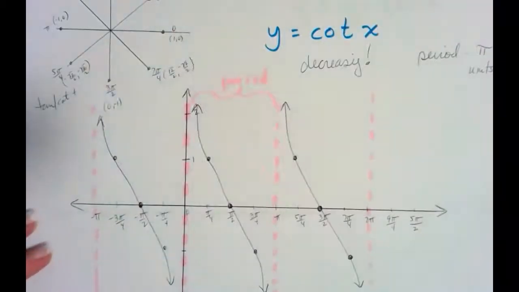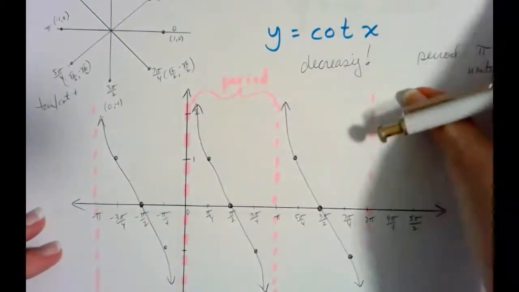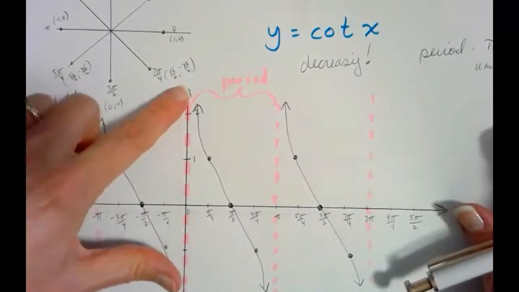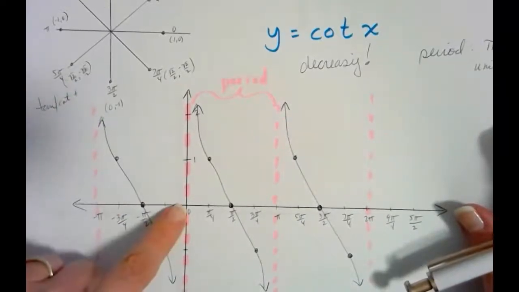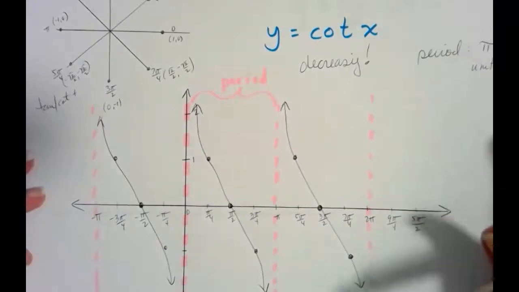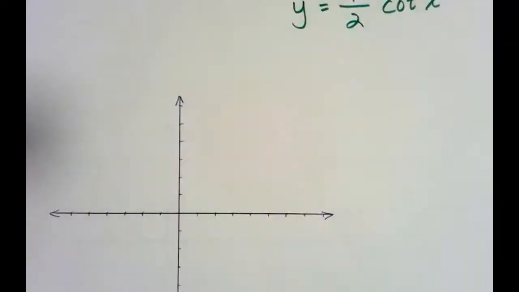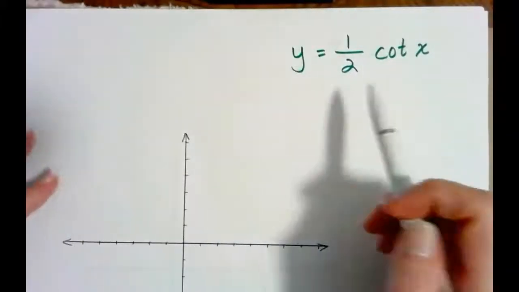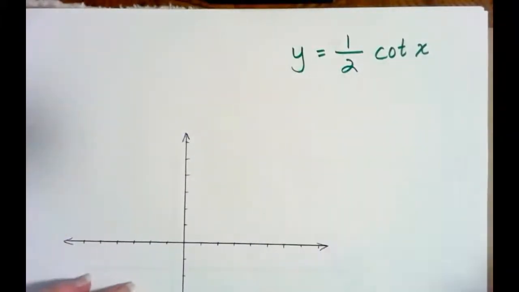So I've got a couple more that we will kind of speed through here now that we know what the cotangent parent function looks like. So our parent function has an asymptote at 0 in comparison to a y-intercept at 0 for the tangent. So now we're going to change it a little bit, it's going to have an A value of 1/2.